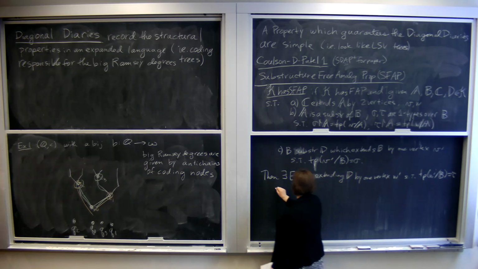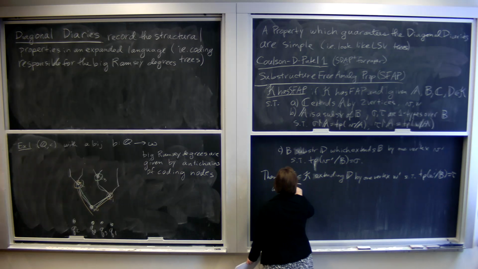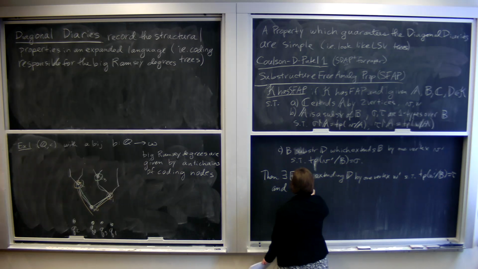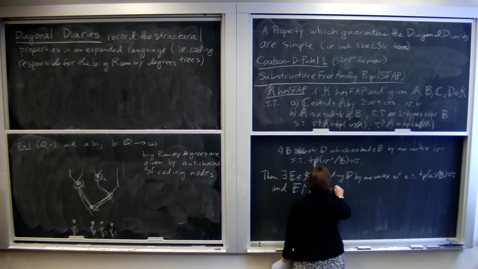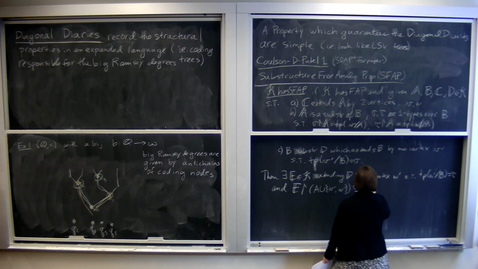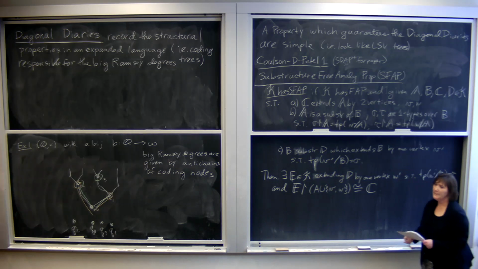And the point is that when you restrict E to A union these new two vertices, you get something exactly isomorphic to C.